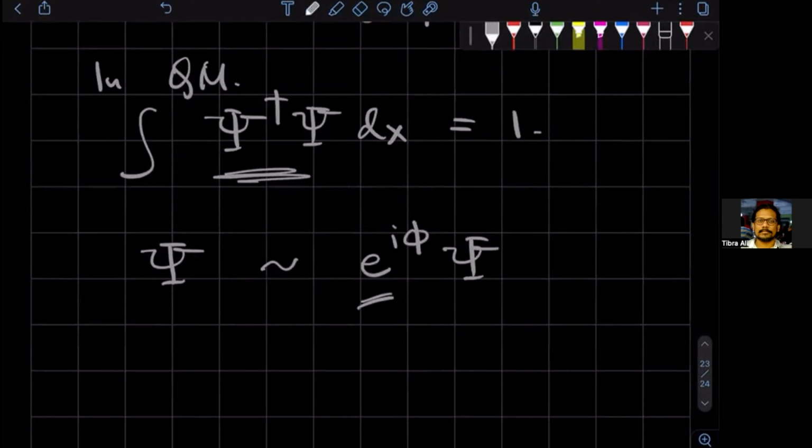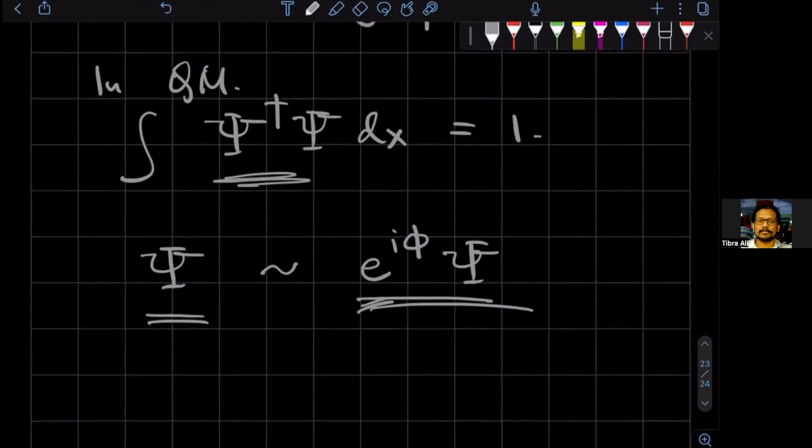Do you agree that in quantum mechanics this physical state and this state are the same? Yes, the e to the i phi multiplies with e to the minus i phi. So in quantum mechanics, we always have this freedom to multiply a wave function by a phase.